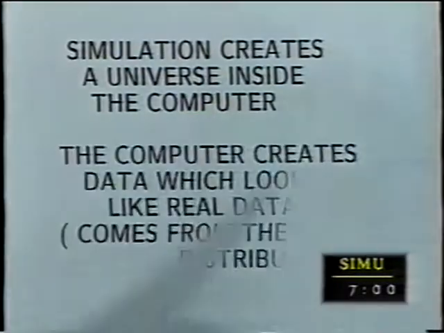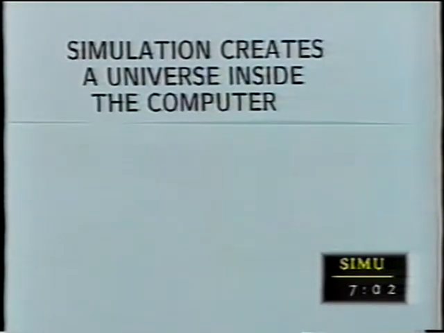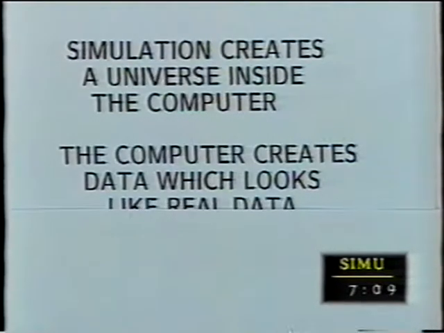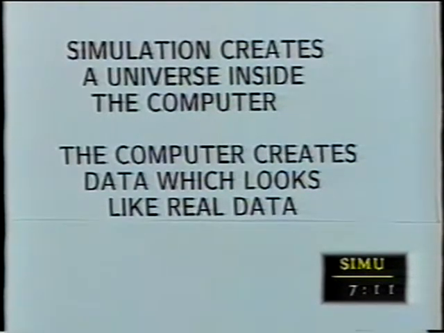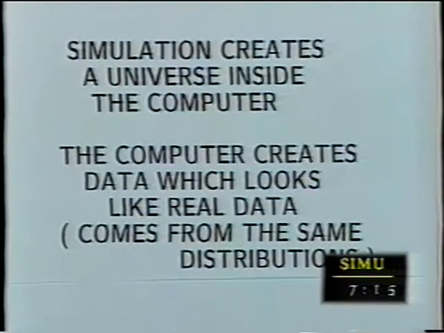What simulation does is create a universe inside the computer. And then that computer creates data. And that data looks like real data. That is, it comes from the same distributions as real data. After all, what is an experiment? In an experiment, you get some data. You take a book and you measure it.